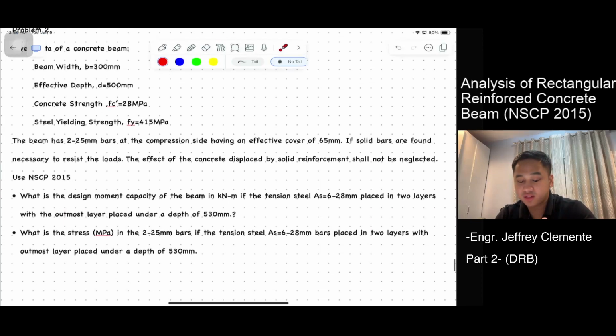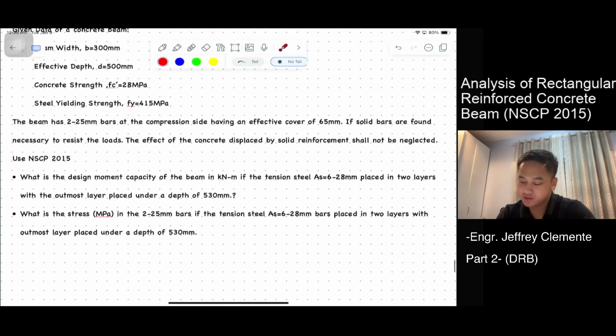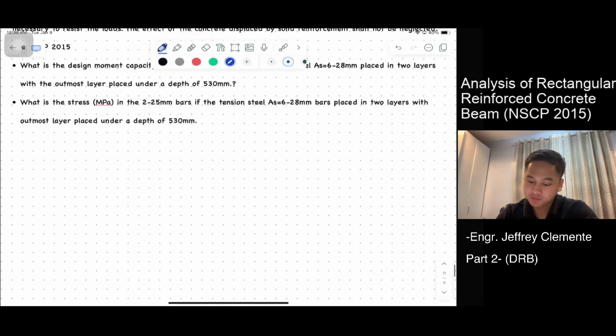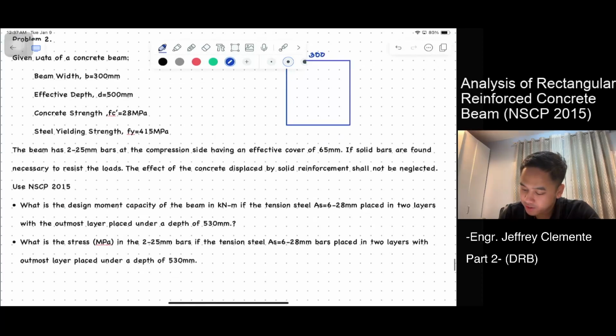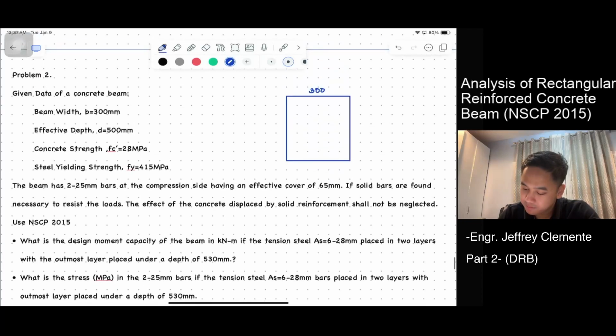Siguro illustrate din muna natin para madaling maintindihan. Sabi, we have a beam. Ang beam natin ay walang total depth na sinabi pero may effective depth na sinabi. Diba? Our beam is 300 mm wide, and meron daw tayong 6 na 28 mm. 1, 2, 3, 4, 5, 6.